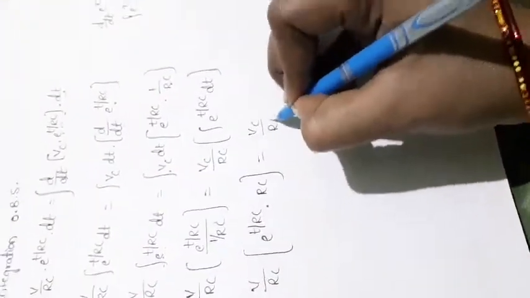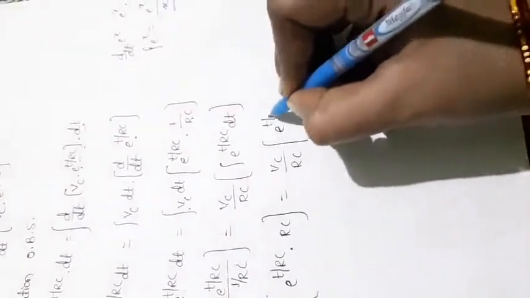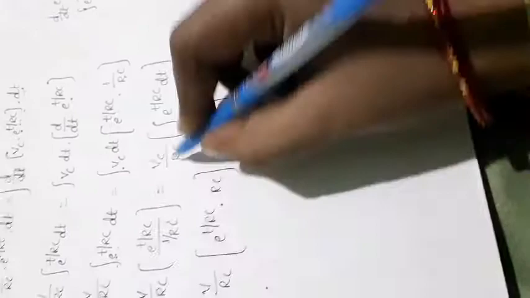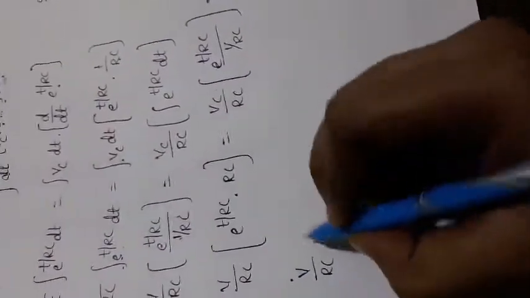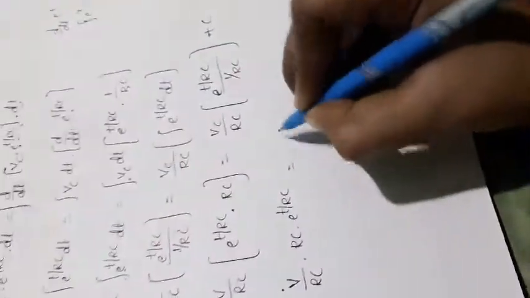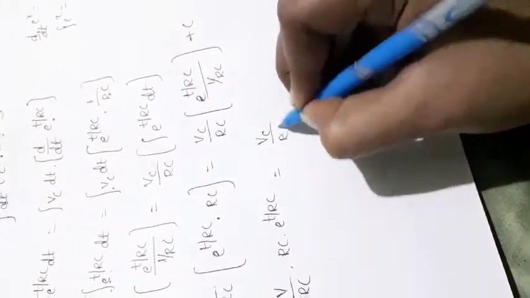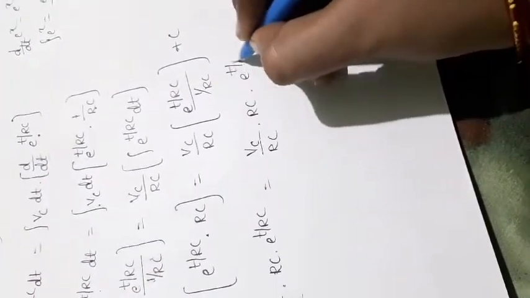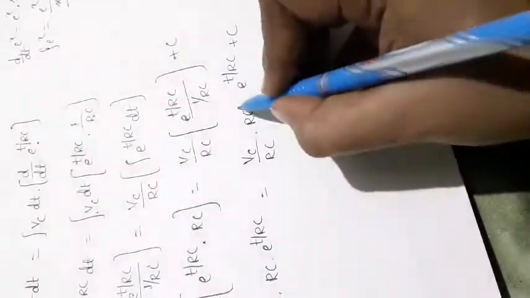Next, Vc by Rc into, here also the same thing applies: the integral of e power x is e power x by the derivative of x, which is 1 by Rc. And after applying the integration, plus C. So V by Rc into Rc into e power t by Rc, and next Vc by Rc into this Rc comes to the numerator into e power t by Rc plus C. So here Rc and here Rc both will be cancelled.